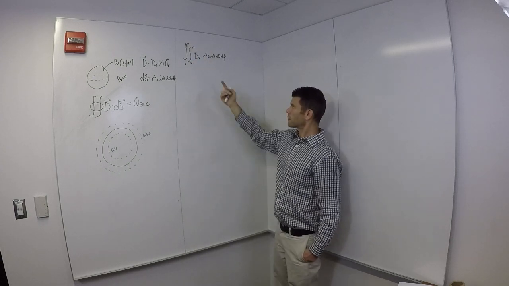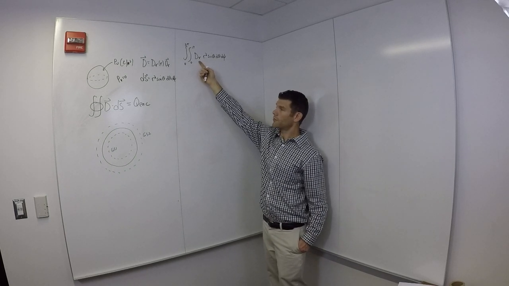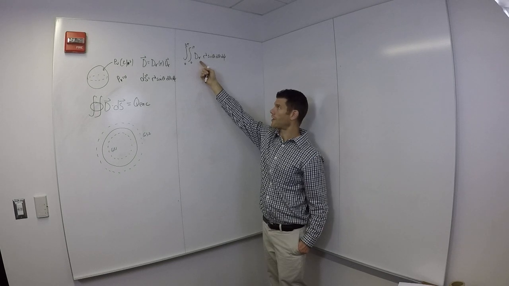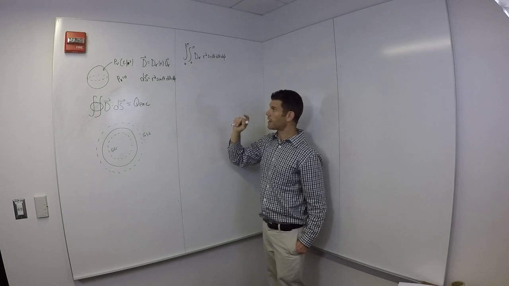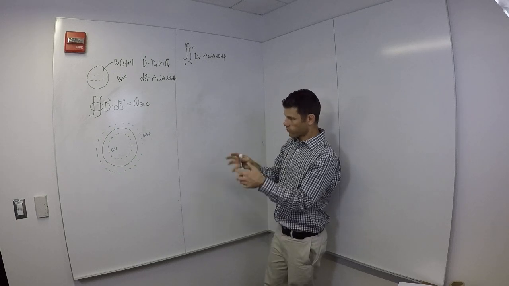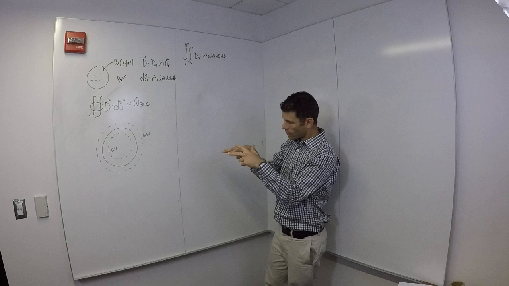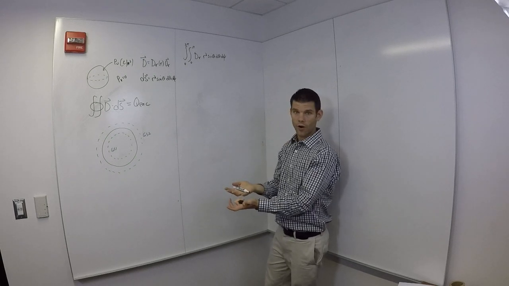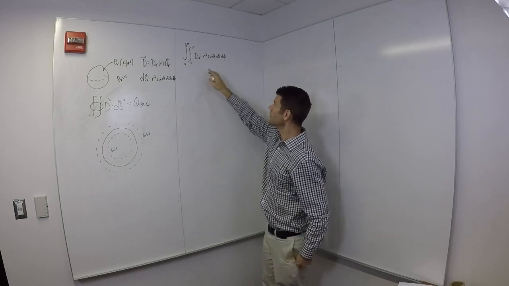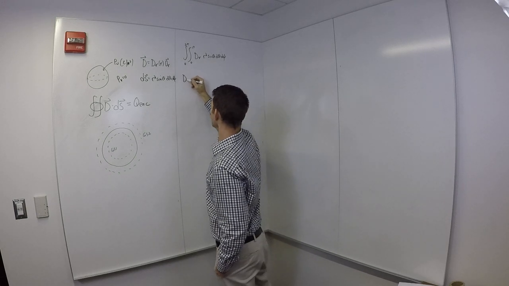Now, the question is, can we say that the D_r component is constant when we're evaluating this? Well, yeah, we can, because for a sphere that we create, that sphere is at some radius r, and anywhere on that sphere the radius is always equal to r, so r is constant and D_r is constant. We can just pull those two out.